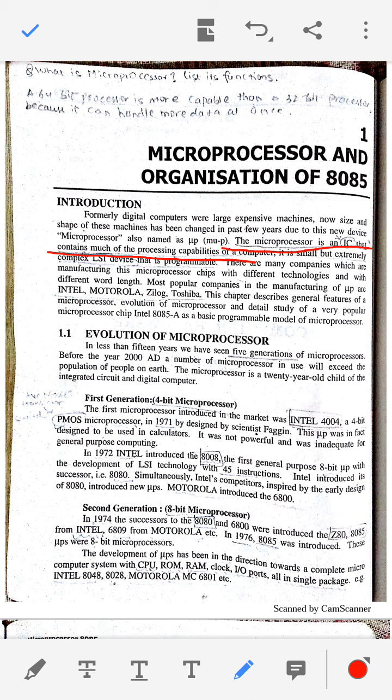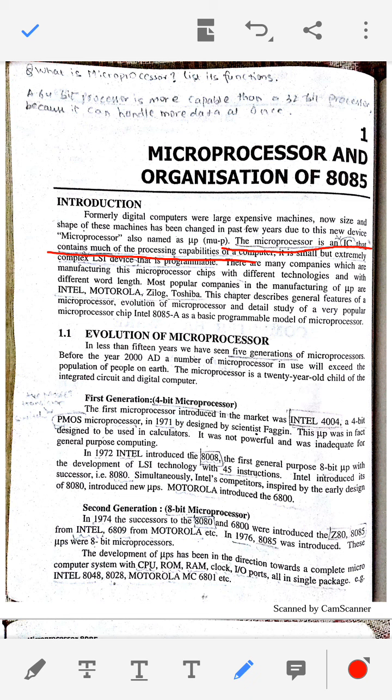PMOS is a MOSFET, a type of transistor which is used to develop this IC. So in the first generation we are going to talk about the years 1971 and 1972.